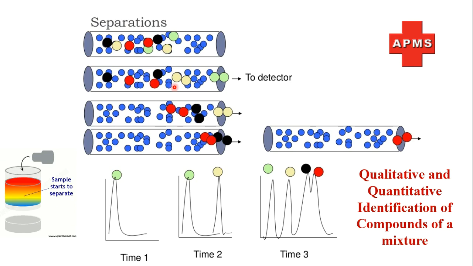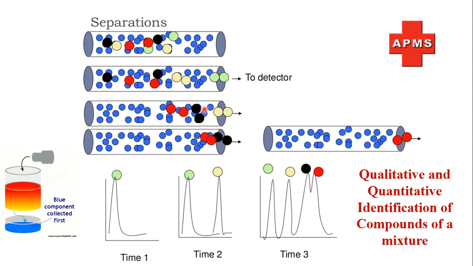to their retention. See, here these green colored particles are eluted or come out first from the column, so these are moving faster, or traveling faster inside the column, so these are coming out first and can be detected first by the detector which is present in this instrumentation.